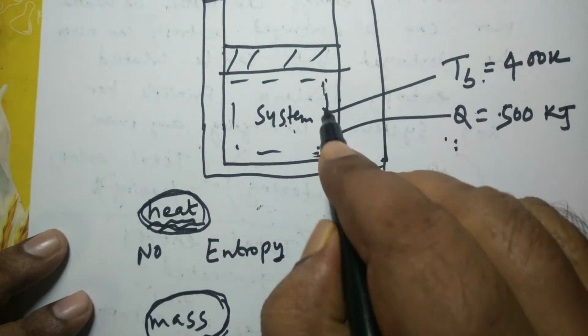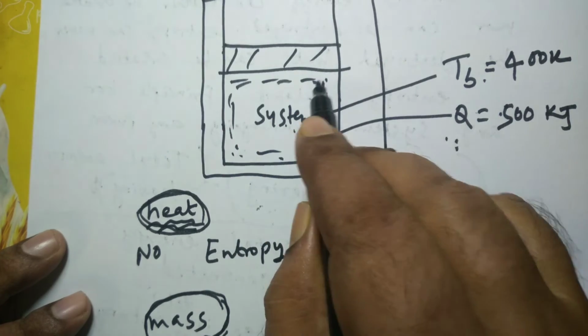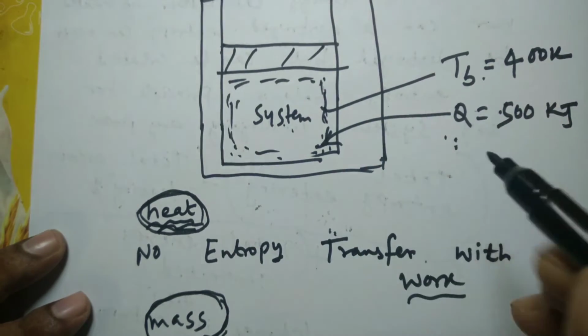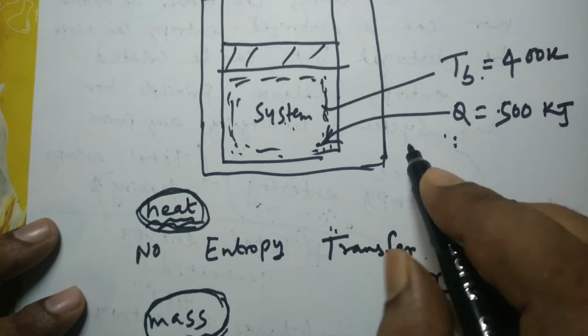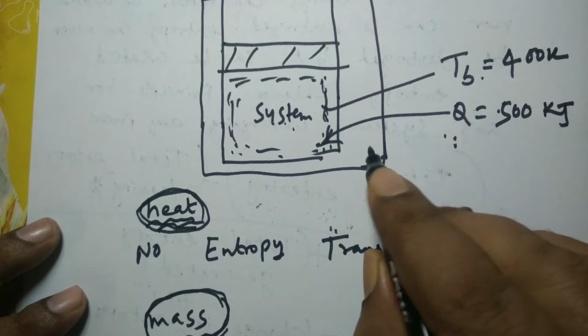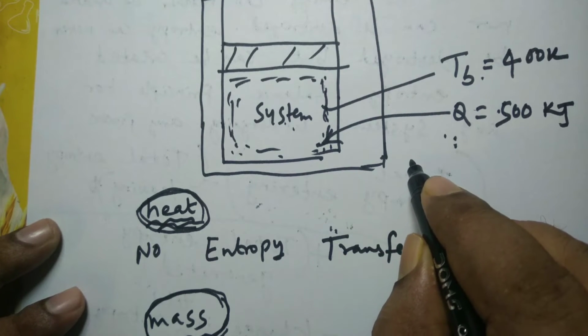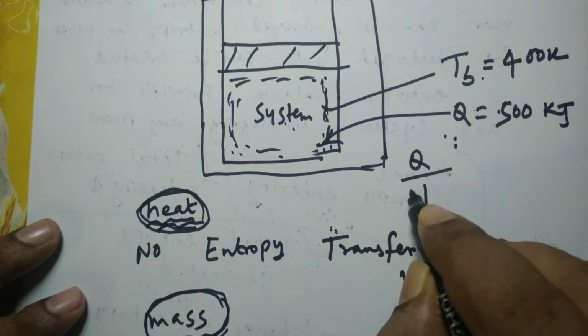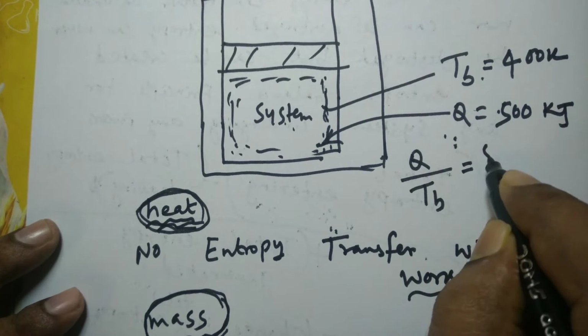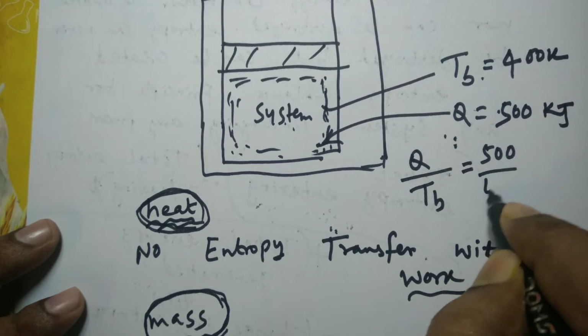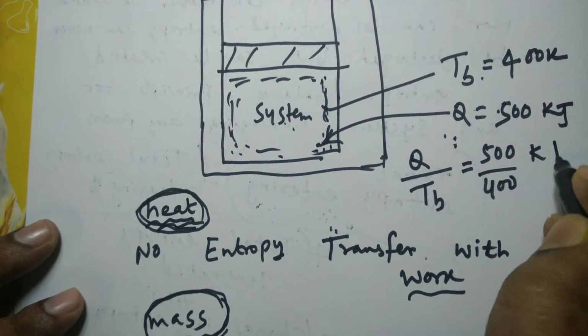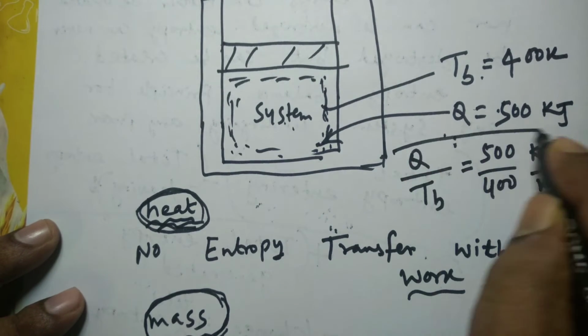Then if this boundary temperature is constant during the whole process, then what is the amount of entropy transferred into the system? The entropy transfer into the system will be Q divided by TB, that is 500 divided by 400, this much of entropy is transferred.